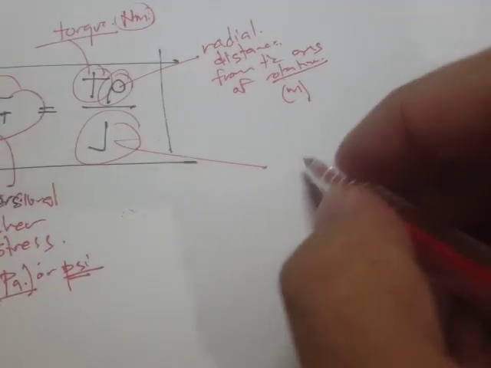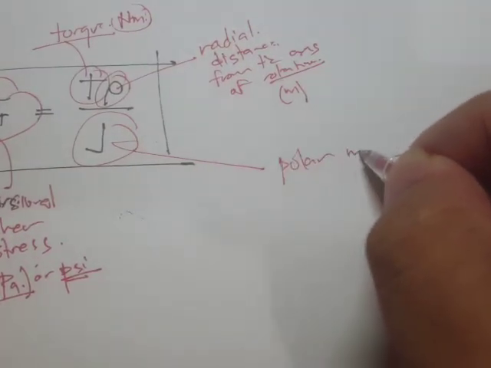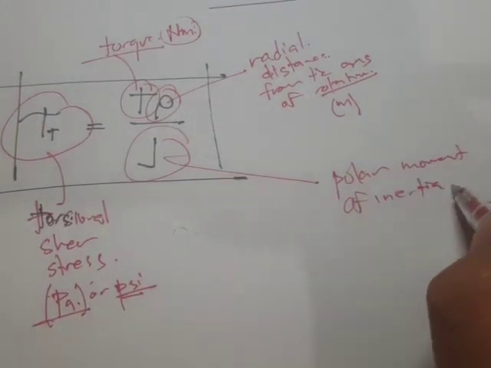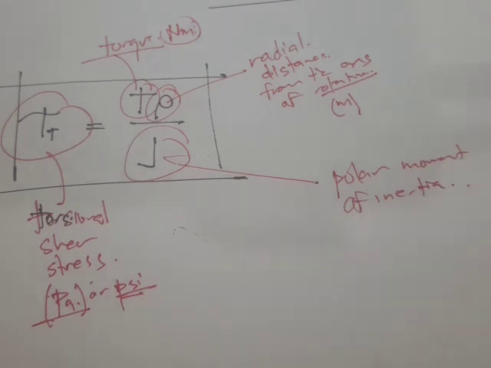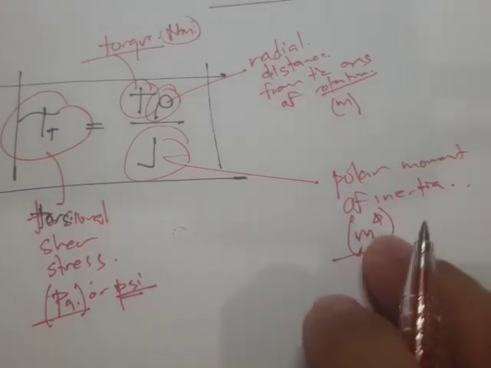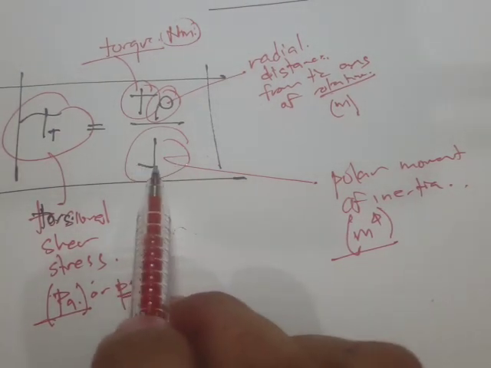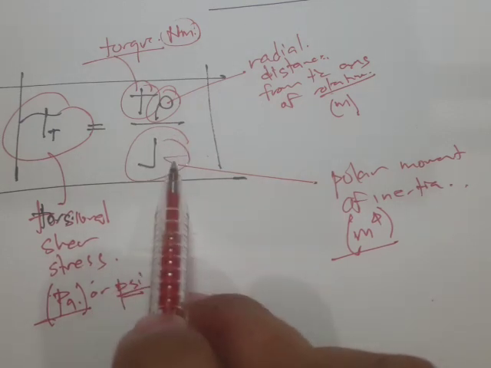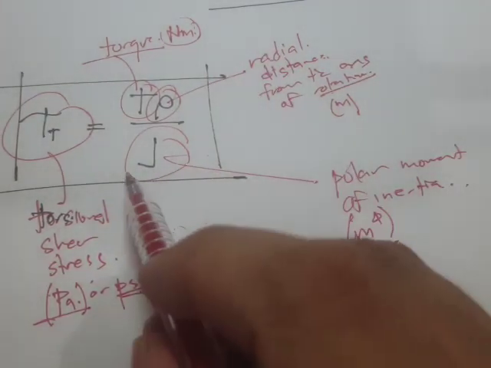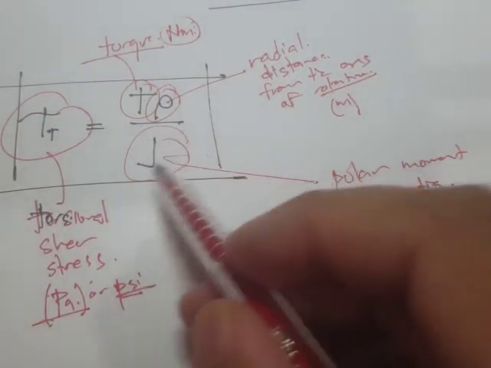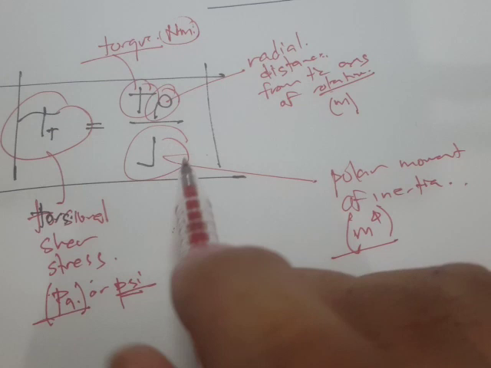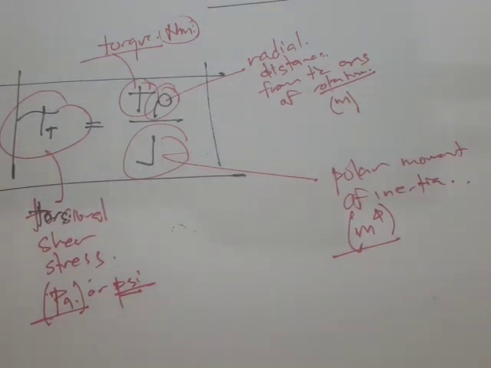And J is the polar moment of inertia, in meters to the fourth, that's unit of length to the fourth. Just recall that this polar moment of inertia takes the moment arm as the radial distance. So it also has a relationship to the moment of inertia, letter I, for bending moments.